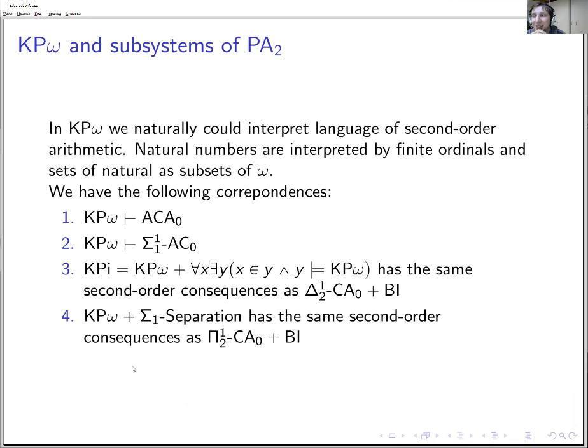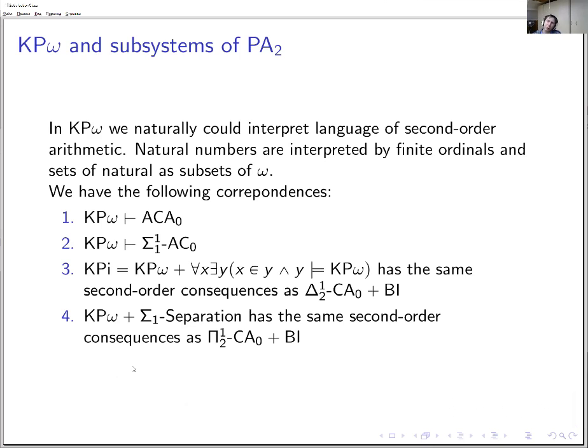However, the question of what is the proof theoretic ordinal of full second-order arithmetic is still open. So in this program, people essentially try to look at theories in this interval between something weak, like ACA0, up to full second-order arithmetic.